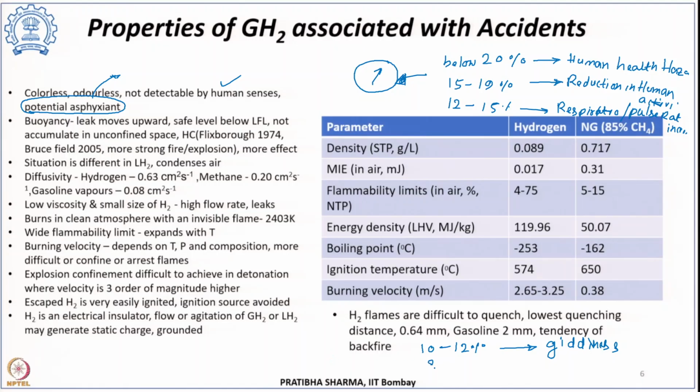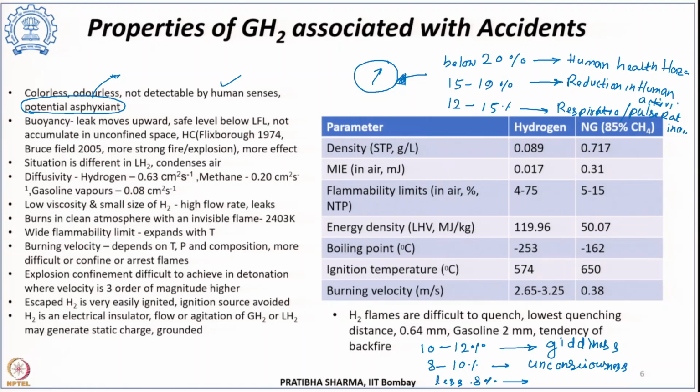When the oxygen percentage lies between 8 to 10%, unconsciousness of the human occurs. When the oxygen percentage becomes less than 8%, the life can be threatened.